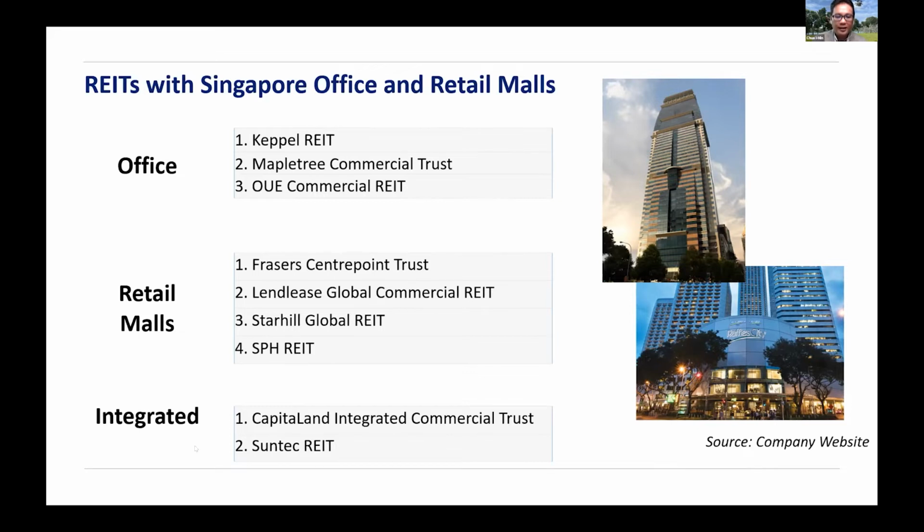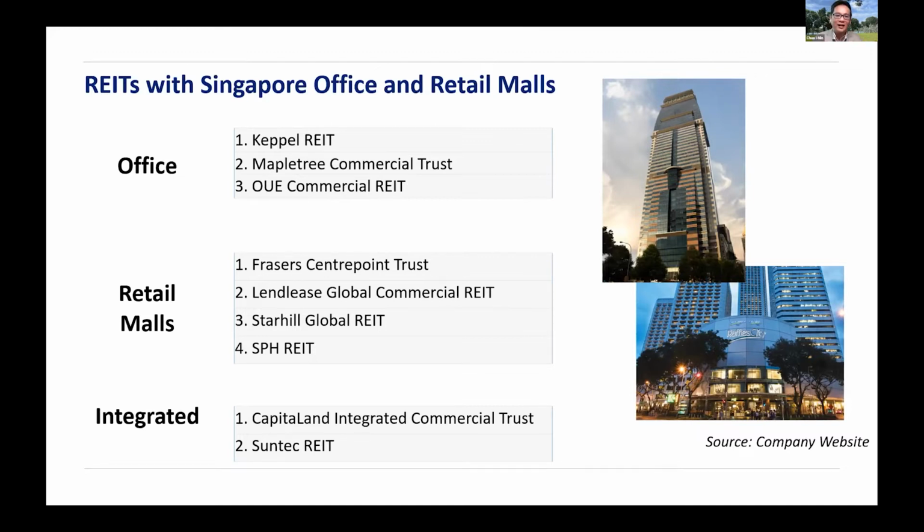For integrated, these 2 REITs have properties in both office and retail. For example, Suntec. For those who have visited Singapore before, I'm quite sure you have gone to Suntec. A lot of you will like the fountain, go and touch the fountain water for good luck.